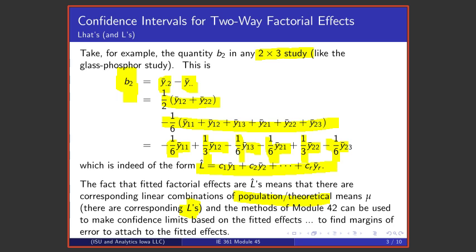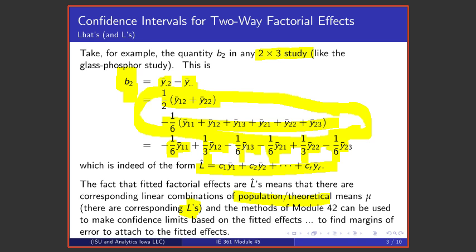One could think of taking this and replacing every y bar with a corresponding mu, and that would define a theoretical effect of phosphor 2.